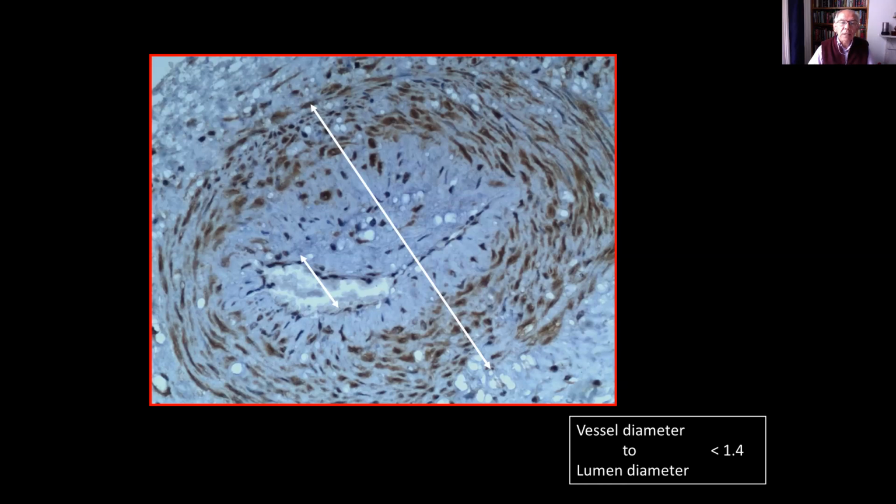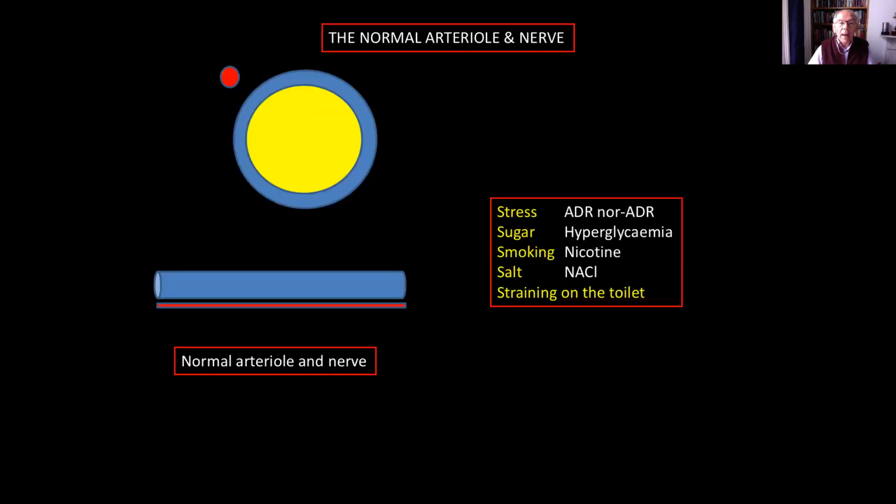Now, how did this abnormal arteriole and nerve come to being? Well, the evidence is largely in somatic studies, not in autonomic studies. But what we think happens is that there's an increased intravascular pressure in the lumen of the arteriole.